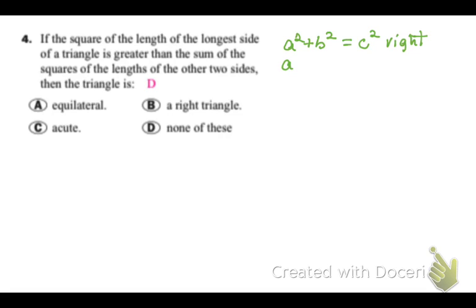If a squared plus b squared is greater than c squared, then we have an acute triangle. And if a squared plus b squared is less than c squared, we have an obtuse triangle.